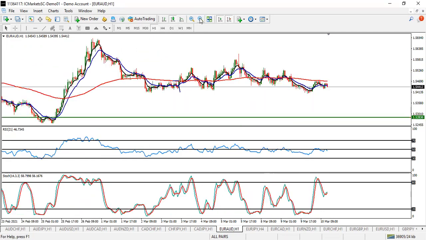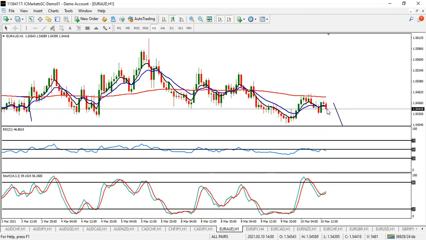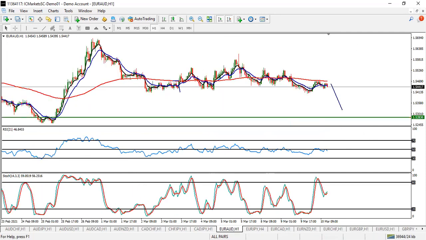So Euro AUD, look for a sell, and take your profit before 1.5283. The cross is about to happen right here on this very candle. After the cross has happened successfully, then you can take your sell entry. Euro AUD, look for a sell.